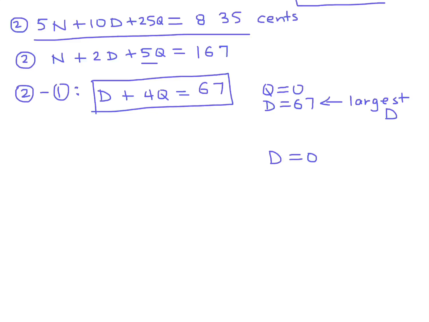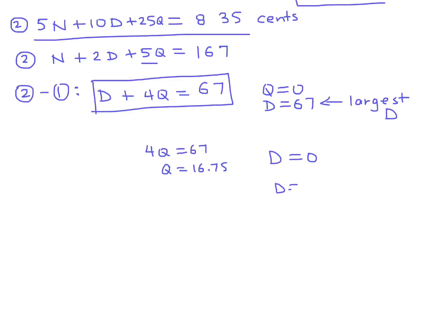If D equals 0, you'd get 4Q equal to 67, and Q would therefore not be an integer. Q would be 16.75, and you can't have 16.75 quarters. Quarters have to be an integer value.